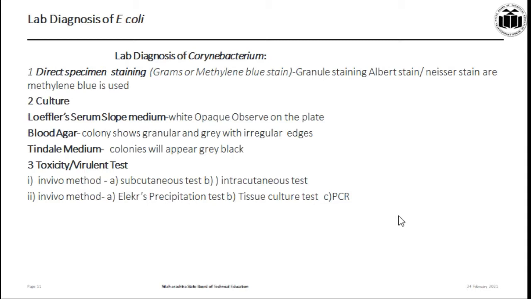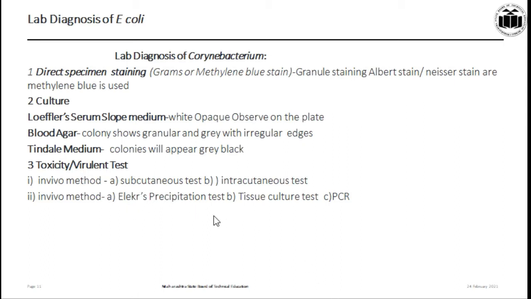For in vitro methods, that is outside the body, the Elek's precipitation test, the tissue culture test, and the PCR test should be preferred to diagnose Corynebacteria. First we will talk about Elek's precipitation test.